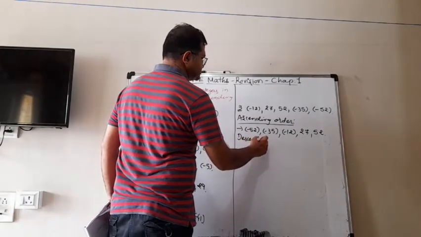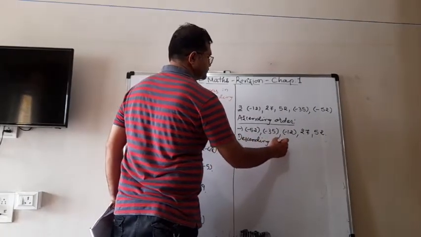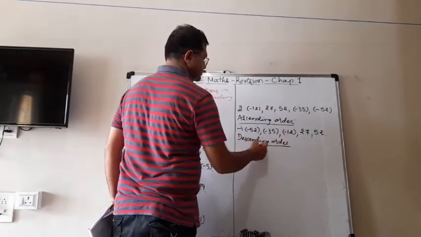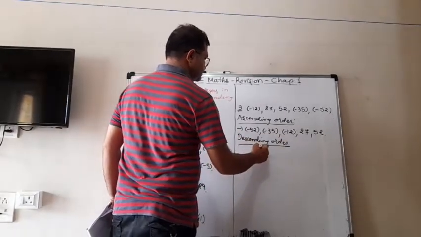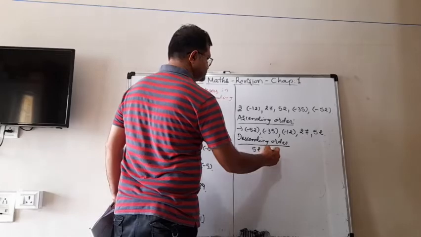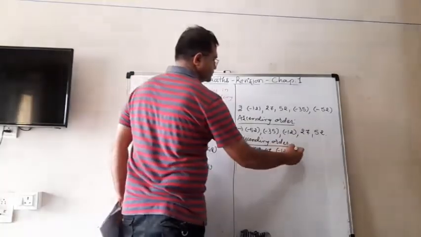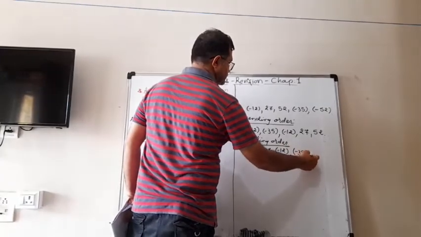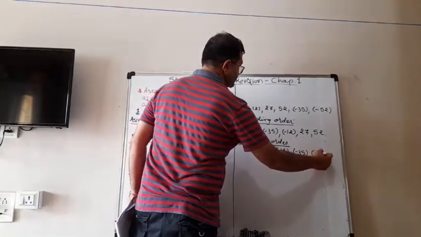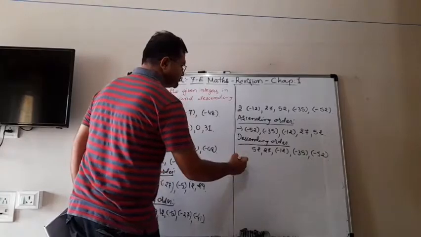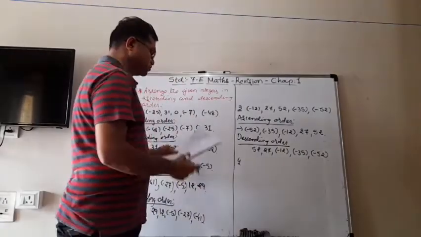And then in descending order: 52, 27, minus 12, minus 35 and minus 52.